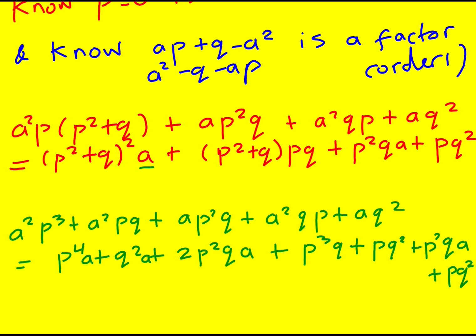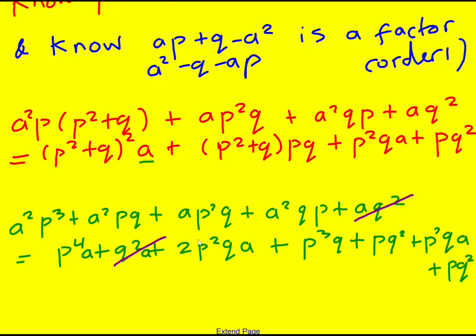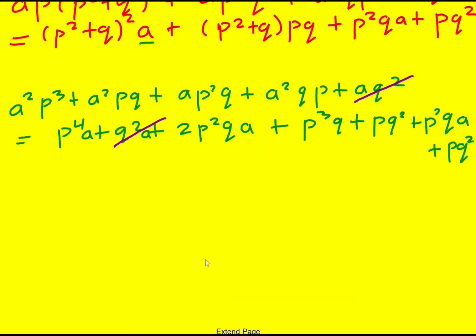Now remember that P is going to be a factor, so any term without P in it must cancel out. In fact, that is going to cancel out with that one. I could factorize the P out, but I'm just going to say P equals 0, or, and then I'm going to write the whole thing out again, but divide through by P.